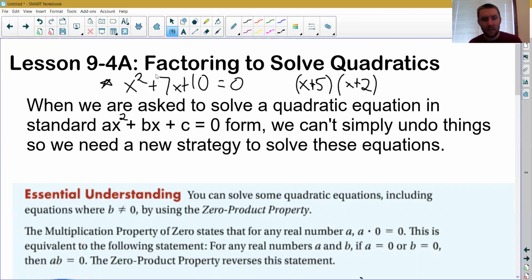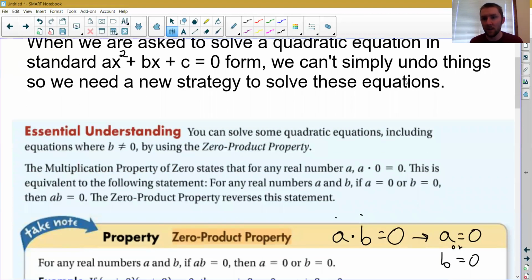So that left-hand side factors into these two sets of parentheses. If it still says equals 0 on the other side, then right here are my A and my B, my first thing and my second thing. Because two parentheses next to each other implies multiply, those two things multiplied together equal 0, so one of the two has to be 0. And that is going to lead us to our two solutions.